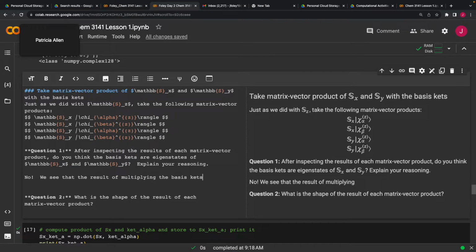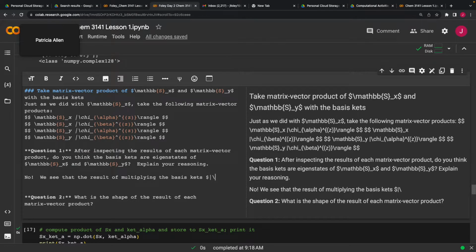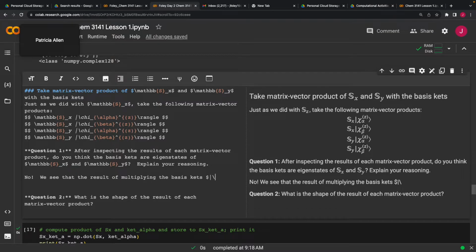basis ket, and I'm going to write in the math font. I'll do it slowly so you can see the syntax. You don't necessarily have to do this. It's totally sufficient to say the basis kets. We will know what you're talking about.